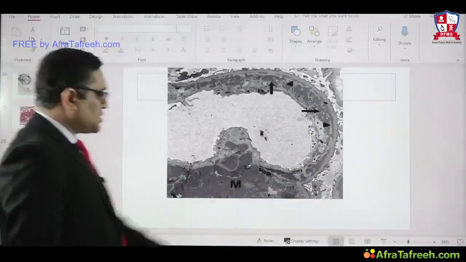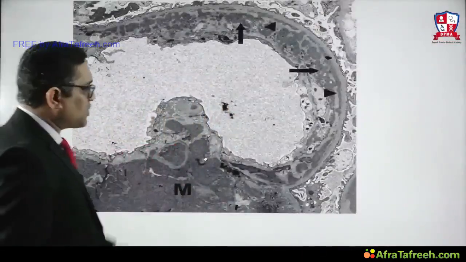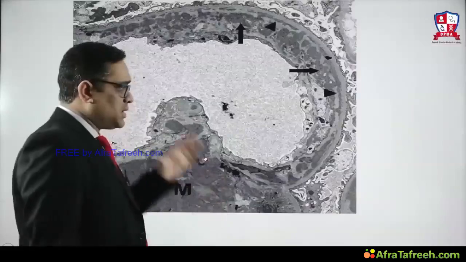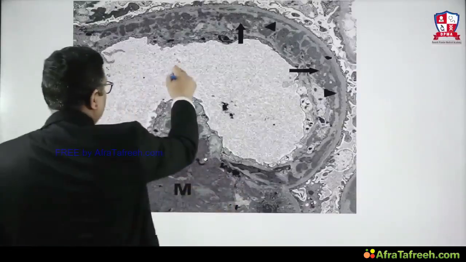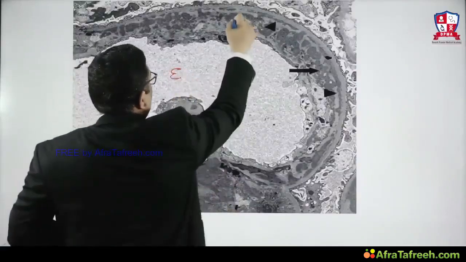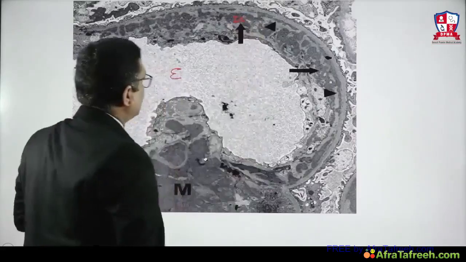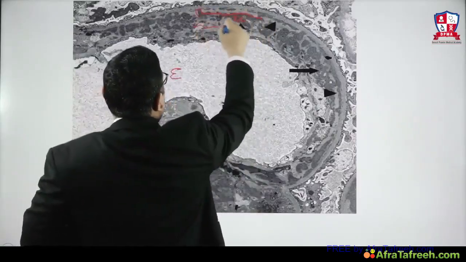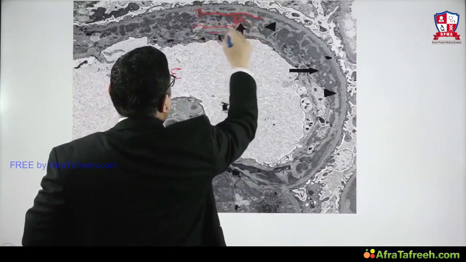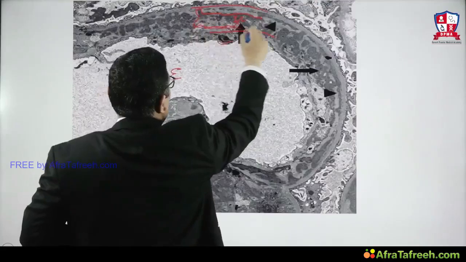Now look at this picture so that we can understand. Look at this electron microscopic view of the glomerular capillary. Here this is the endothelium, and below the endothelium you can see all these immune complex deposits, the dark color. You can see the basement membrane is here, and in between there is the immune complex deposit.